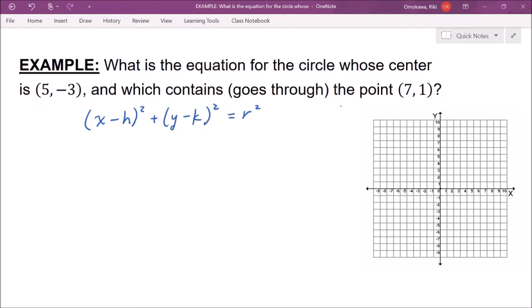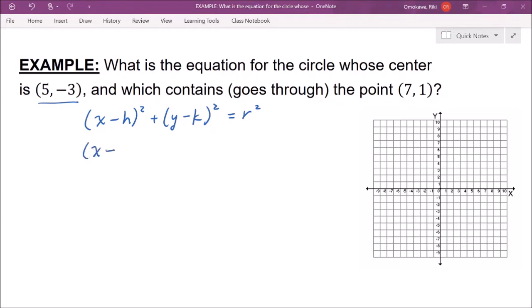But now notice that they're giving us the center. The center is 5, negative 3. So that's good. That gives us h and k. But notice that they haven't said anything about the radius. They're not giving us the radius. So, well, let's first start by filling in what we know.